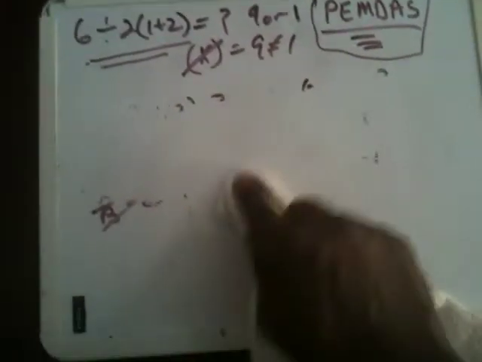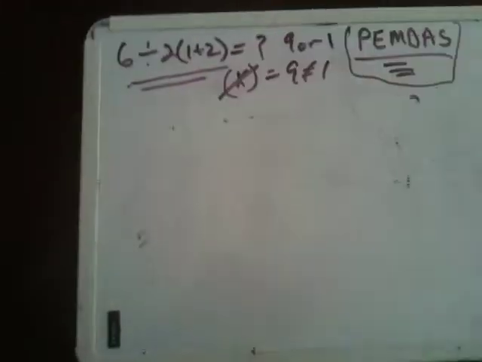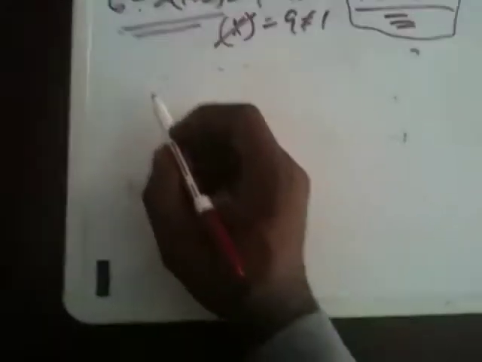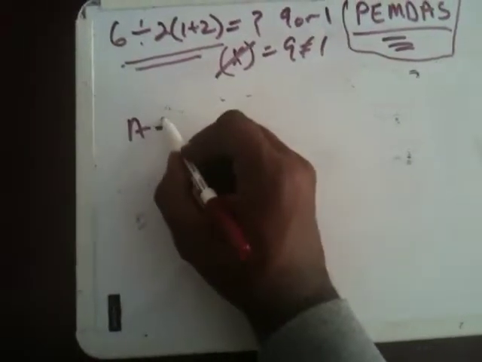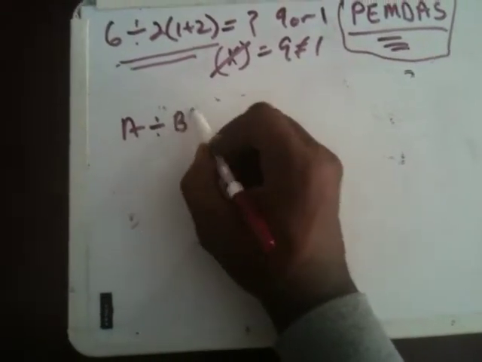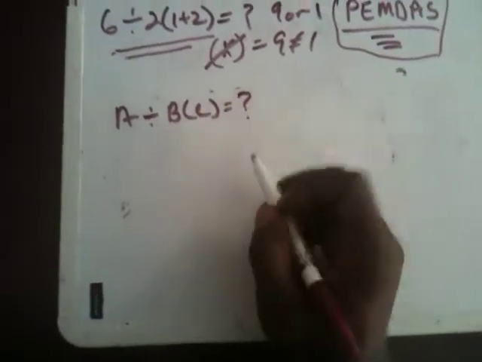So what you want to do is basically attach this in its simplest form, and that is A divided by BC is equal to whatever.